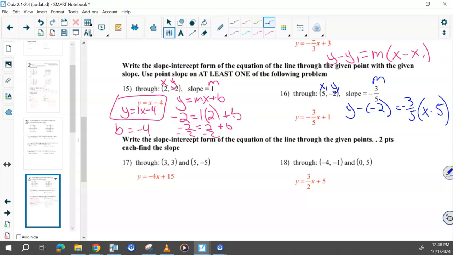You need to change that double negative to a plus. And I can distribute at the same time. So this would become a positive, and the 5s would cancel. Then I can get rid of the 2 by subtracting.